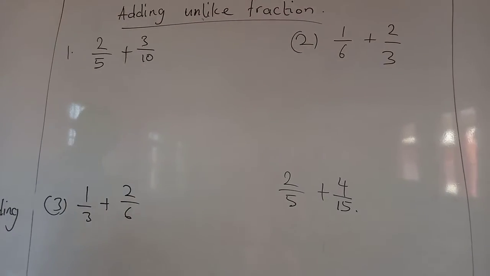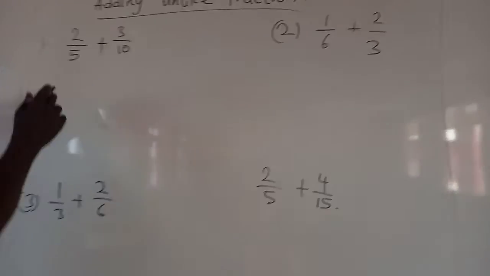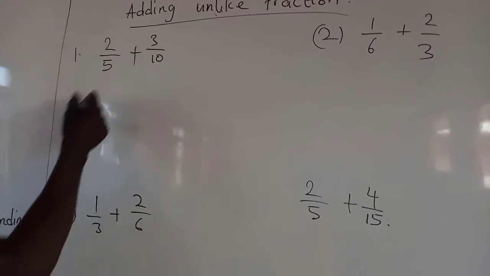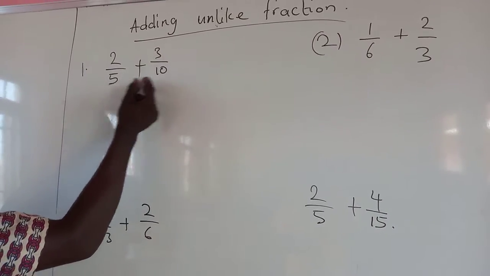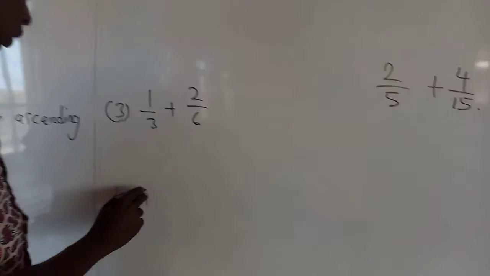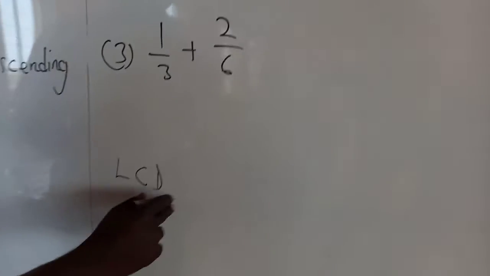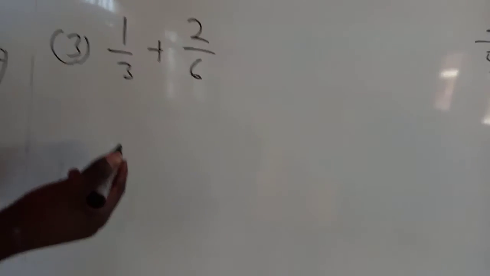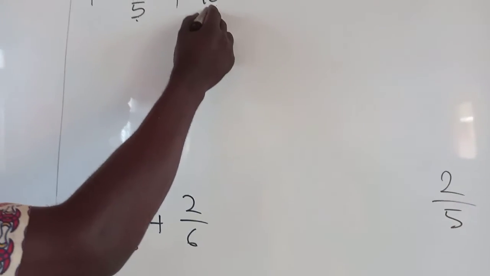Let's do example 1. We are finding the LCM of the denominators, which is the lowest common denominator, the same as the lowest common multiple.